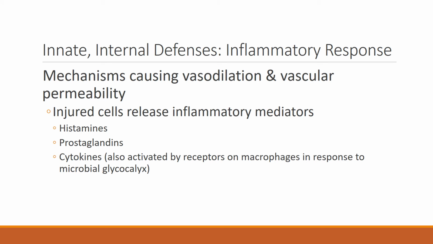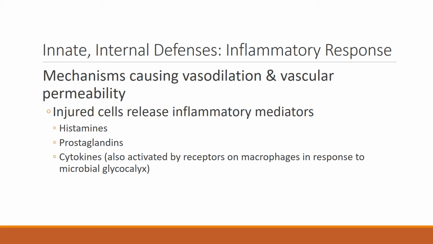Some of the inflammatory mediators released by these injured cells again include histamine. Histamine is responsible for vasodilation and also the increase in vessel permeability. We'll also have different types of prostaglandins, which also help with vasodilation, but these are also in part why we have induction of fever, and they help trigger the pain sensation.